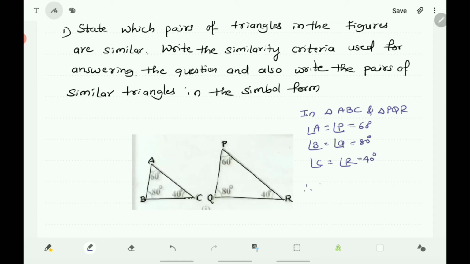Therefore, you can write triangle ABC is similar to triangle PQR. The criteria is AAA similarity criteria.